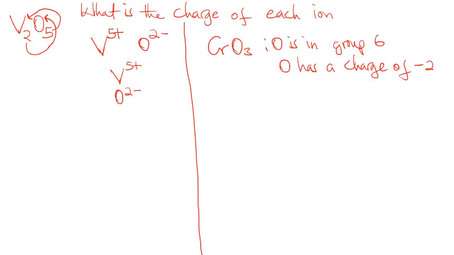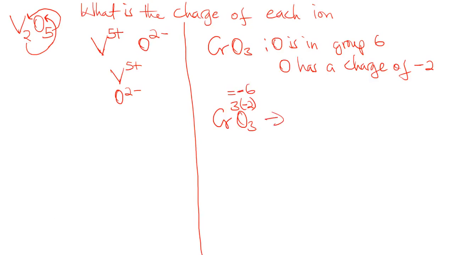We have 3 oxygens. So you are going to write Cr(O3). So this one will be 3 times 2, because the charge of each oxygen is -2, but there are 3 of them, which gives us -6.